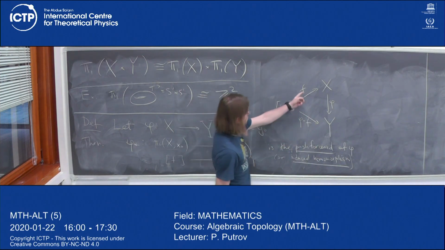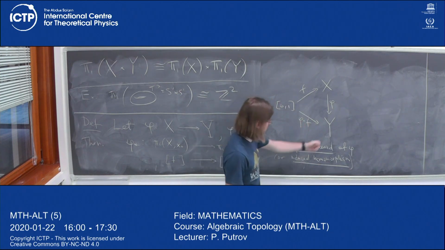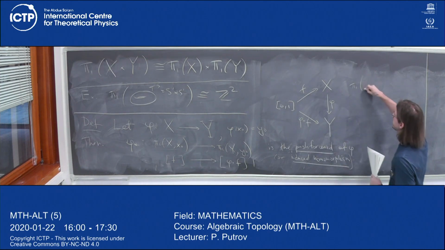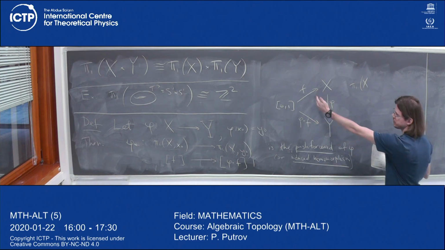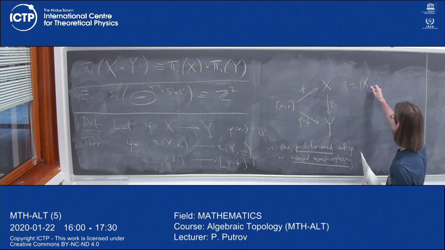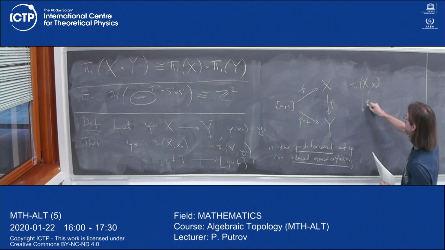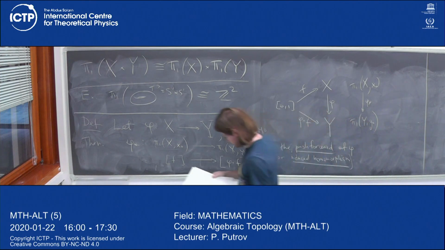Of course, since f was a loop, the composition with some continuous map phi will also be a loop here, and this map phi pushes forward in the same direction. The loop has an induced map phi star in these groups.